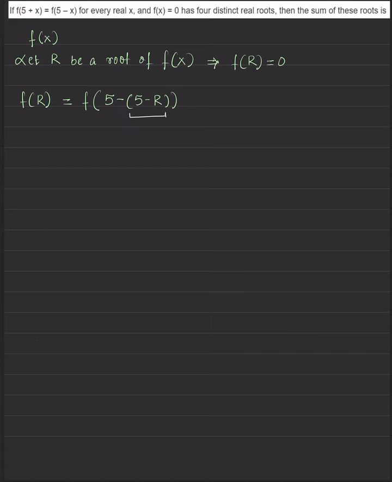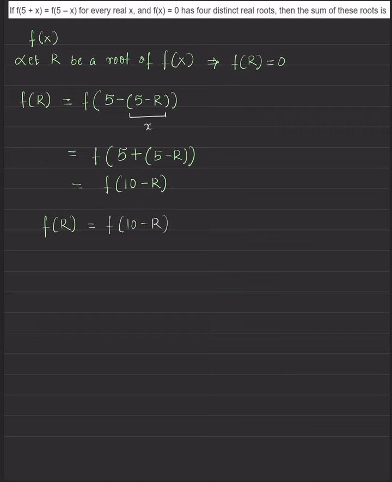So consider this entire thing as an x, right? So what will be the function? This can be written as f of 5, the minus changes to plus, and then we have 5 minus r. Now this is basically f of 10 minus r. So we have obtained a relation where f of r is equal to f of 10 minus r.